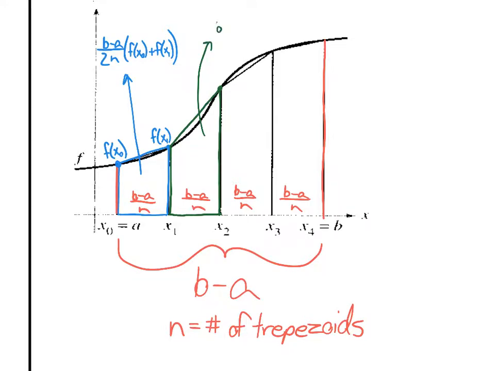So I've got 1/2 times (b minus a) over n. Oh, not a, n. Okay. Times, well, this side right here is the f of x sub 1. And then the other base is f of x sub 2.